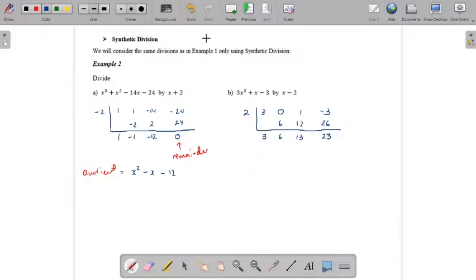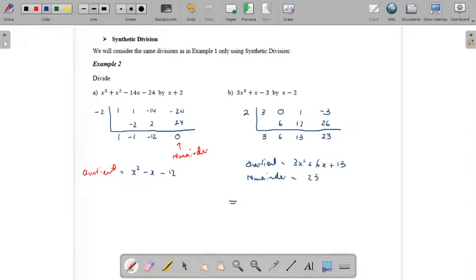And so our quotient is 3x squared, okay, 1 power less than that, so 3x squared plus 6x plus 13 with a remainder of 23.